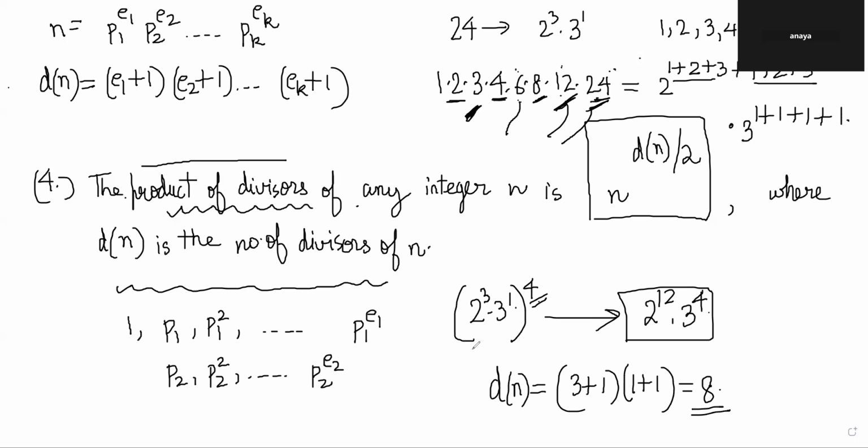So it is working. However, we need to understand why it is working. d of n by 2 is the power being applied to n. So let's try to understand n power d of n by 2.